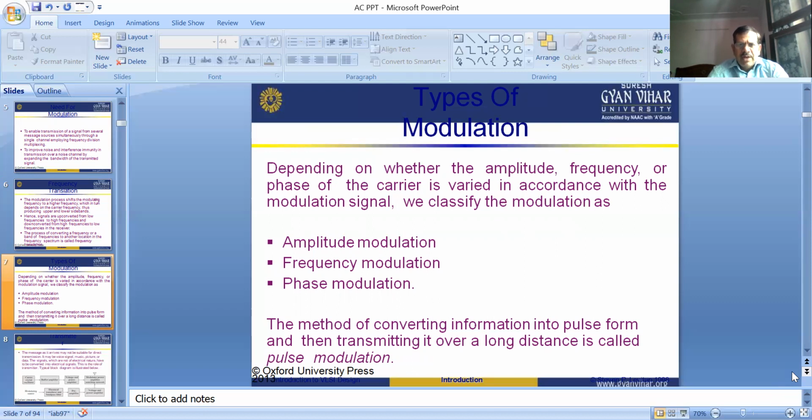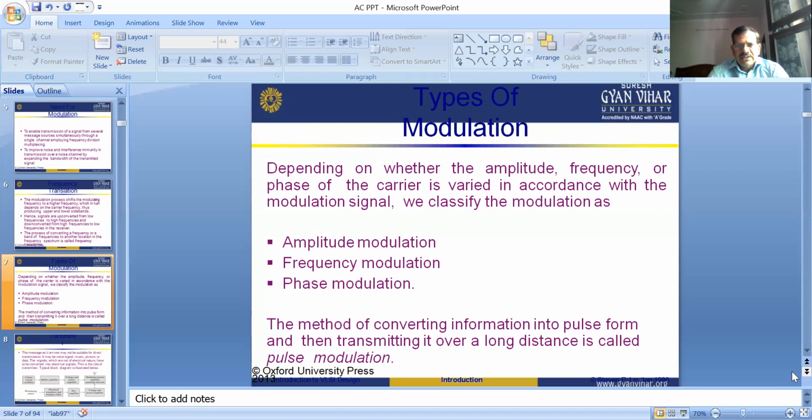Now, the method of converting information into pulse form and then transmitting it over a long distance is called pulse modulation. This is part of the digital communication system.